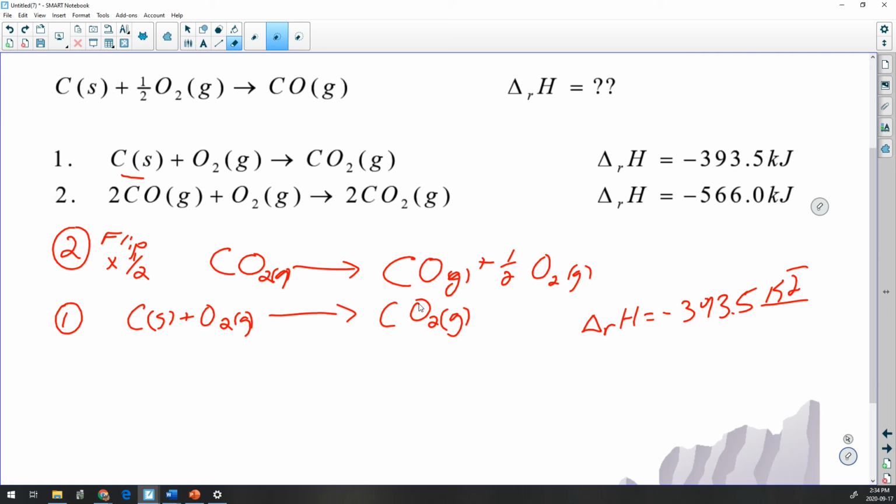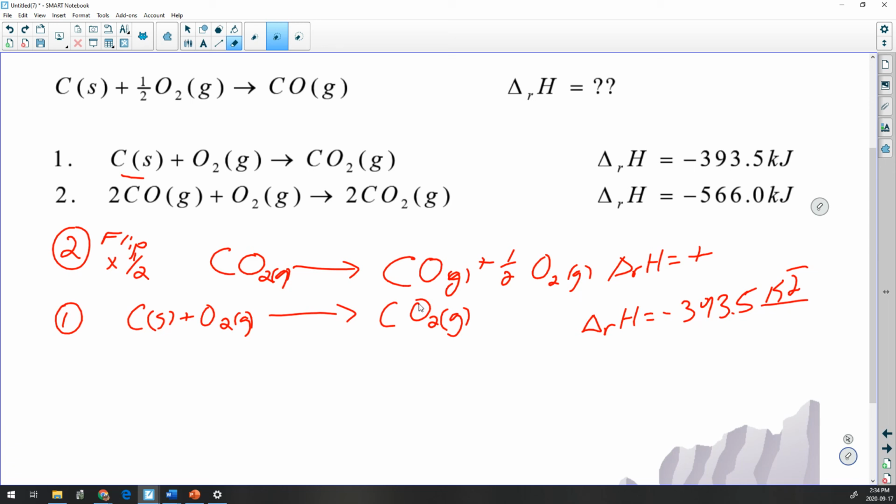I flip this reaction, so the energy is now an exothermic reaction, and I multiplied every entity in that reaction by 1/2.